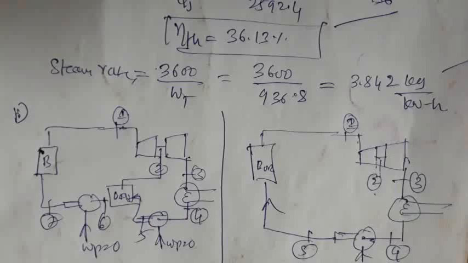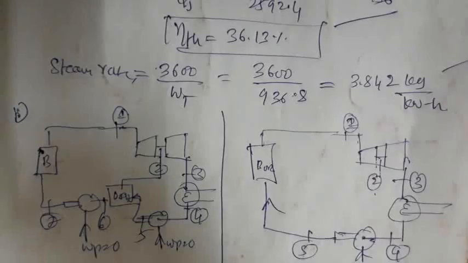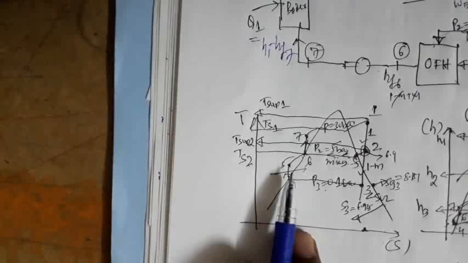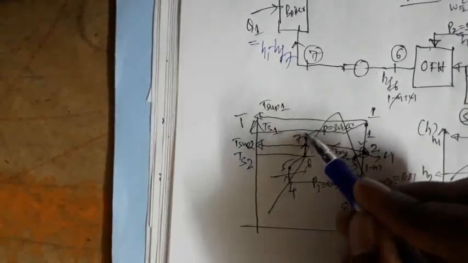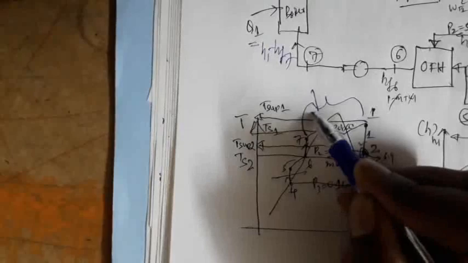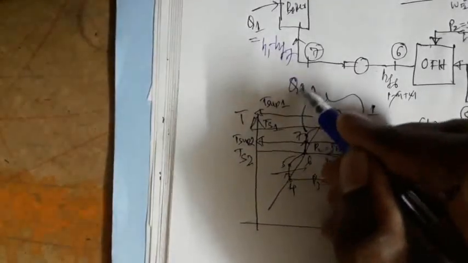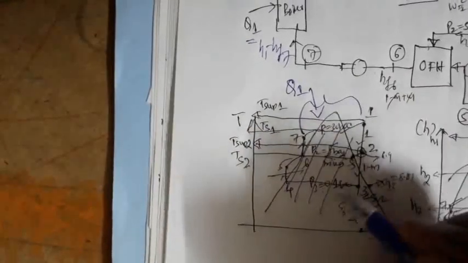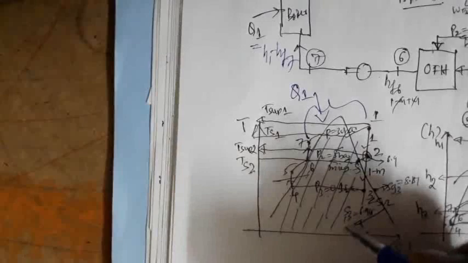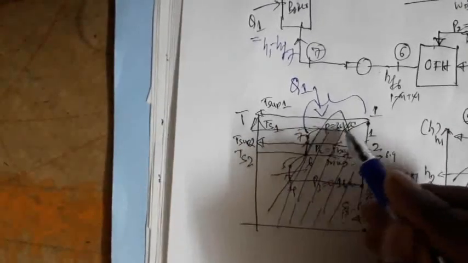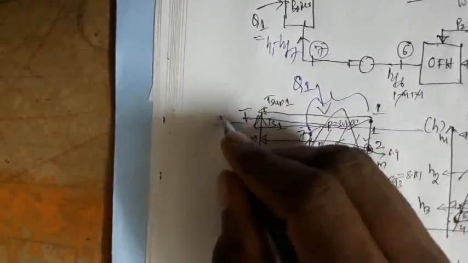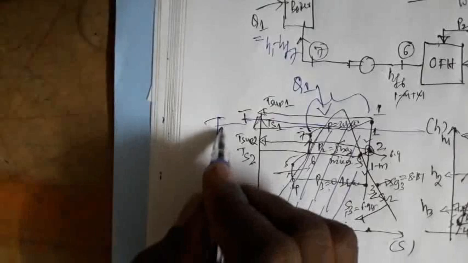Now if we look into the TS diagram, we are adding heat energy between 7 and 1. So Q1 can be written as the area below this process line. The temperature is continuously changing from 7 to 1, so let us take a mean temperature Tm.